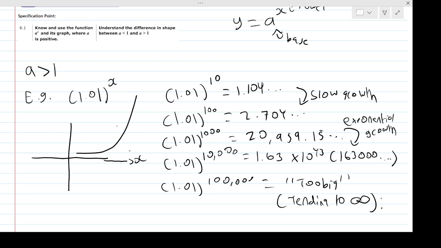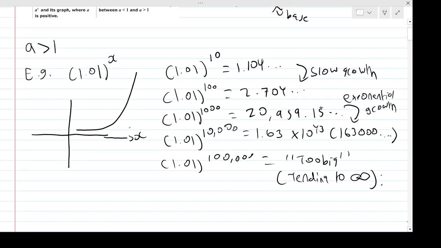But what about when x goes to negative infinity? Well, if we went the other way and instead considered negative powers of 1.01, so 1.01 to the negative 10, if we use our index laws, we could say that's 1 over 1.01 to the power of 10. So in this case, it'd be 1 divided by 1.104.